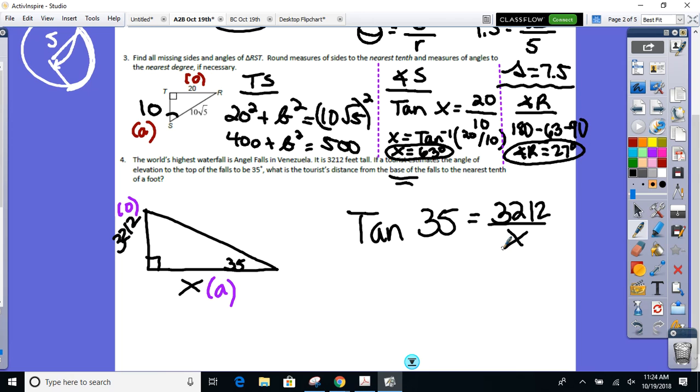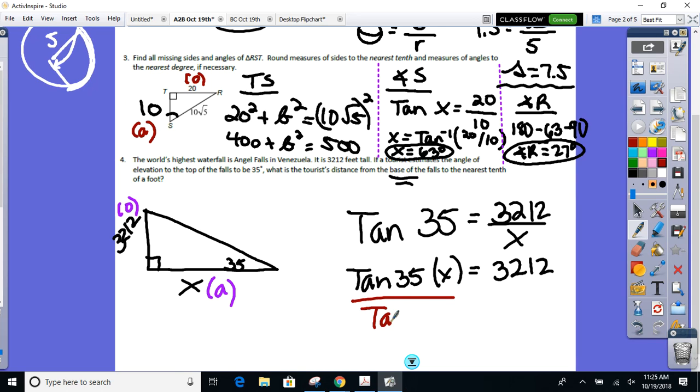But ready? Cross multiply, you get tangent of 35 times what? Times X. And on the other side, it's equal to 3,212. How do I get the X by itself? Divide by what, though? Tan 35, not just 35. Divide by tan 35. And this is where these fraction templates come in handy if you have one.